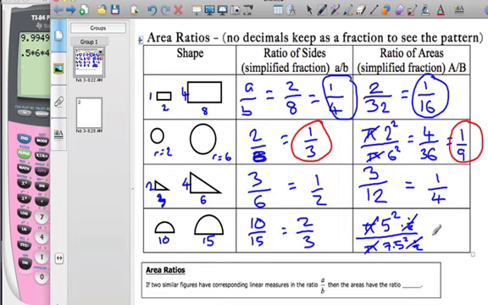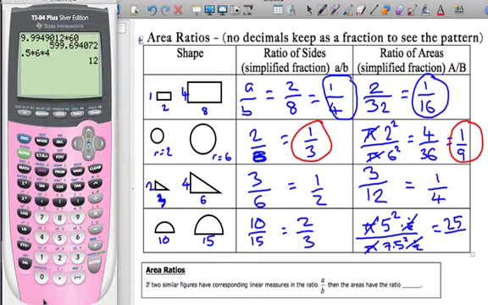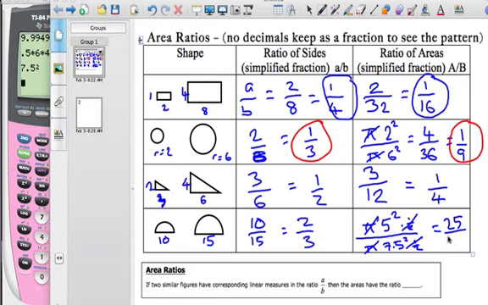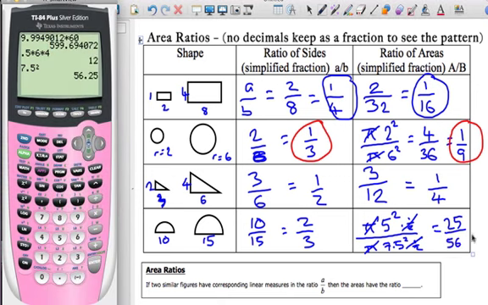Get the same ratio. So I've got 5 squared, which is 25, over 7.5 squared, which is 56.25.